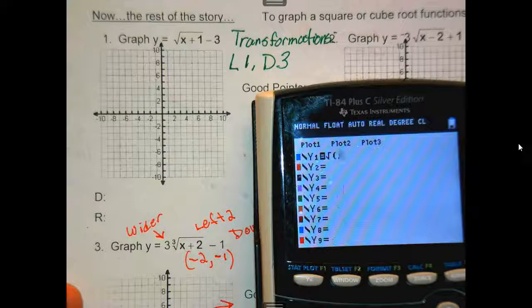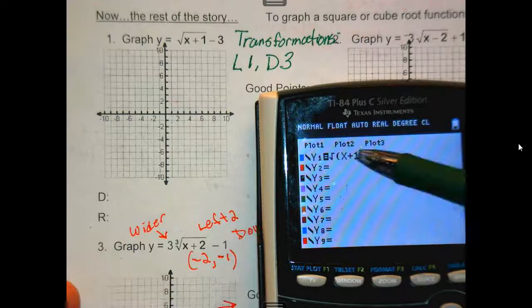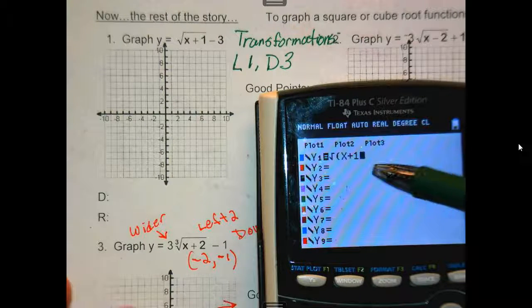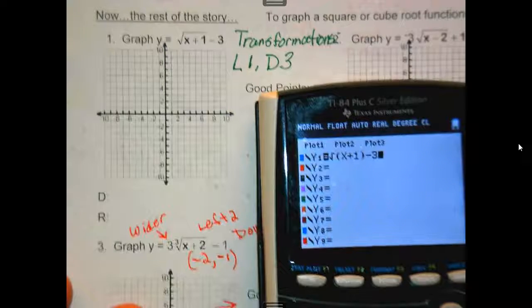And it puts it in there for me. Okay. And then I'm going to put in x plus 1. Now, because we're shifting this graph to the left one, you have to put the parenthesis in there. Make sure you close it off. And then we're going to go down 3. So minus 3.